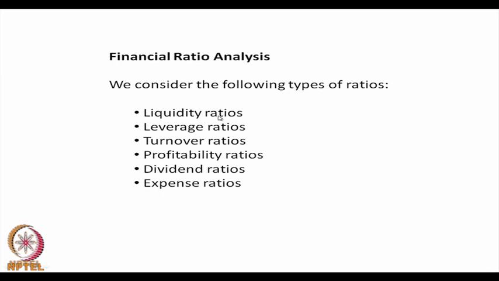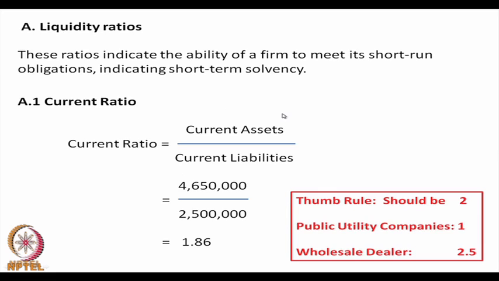So, look at this plural form of the word ratios. This means under liquidity ratios there are quite a few ratios, under leverage ratios there are quite a few ratios, like that. So, each category of ratios has got a number of ratios, and let us see one by one.